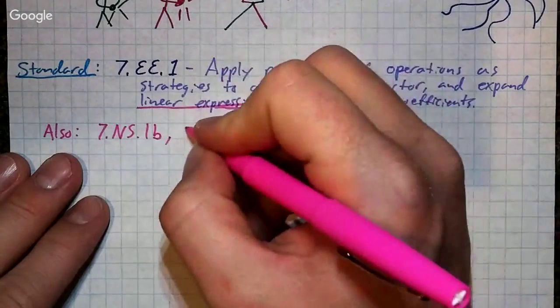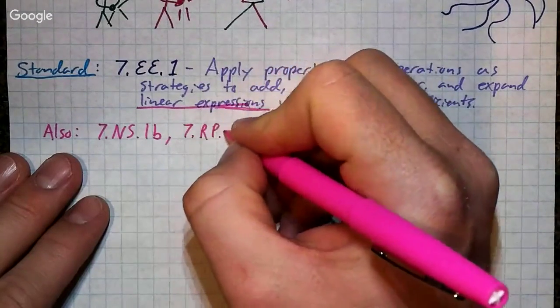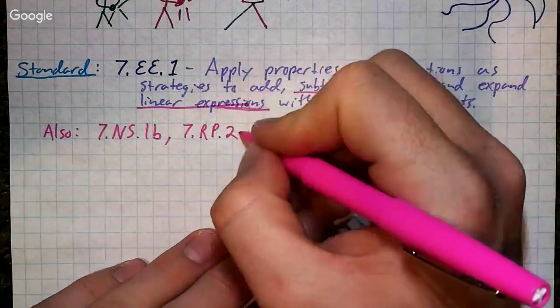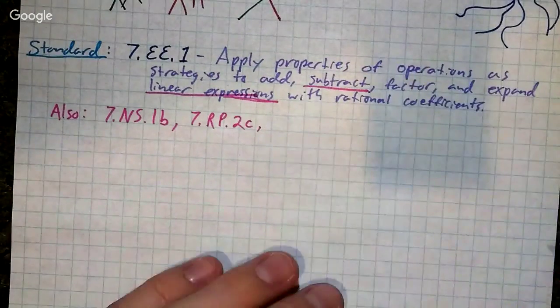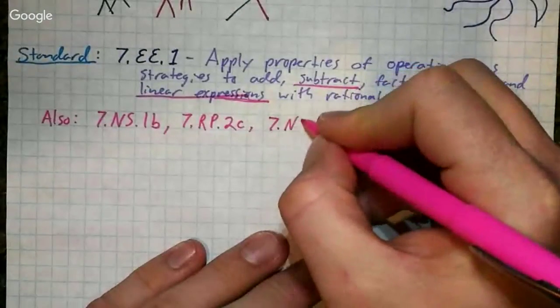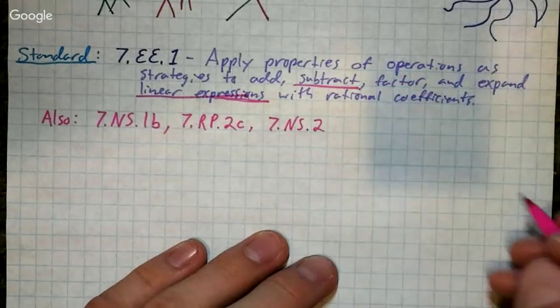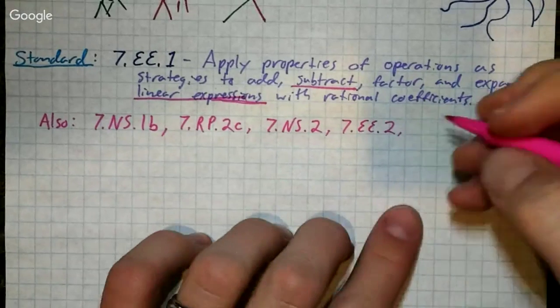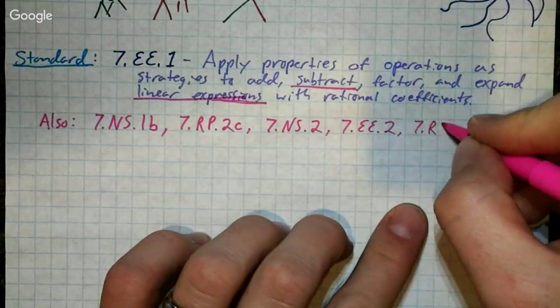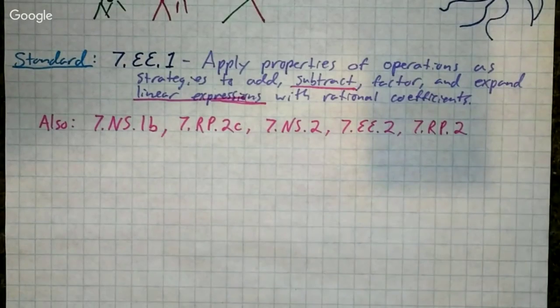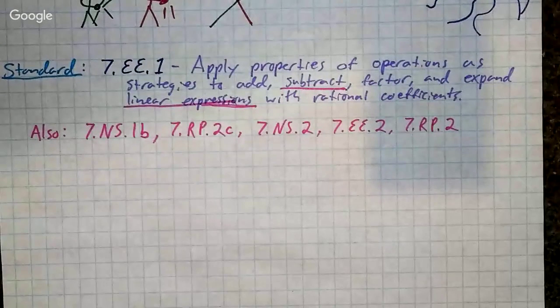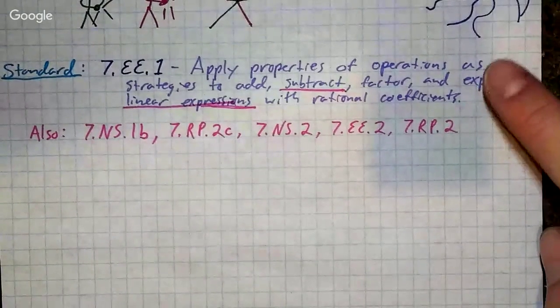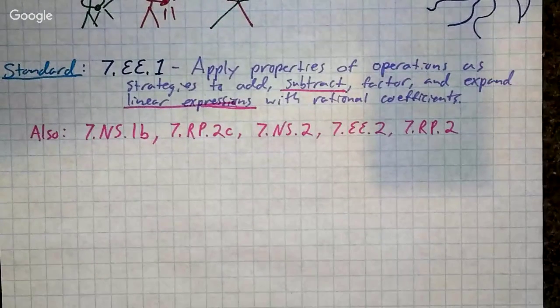We have 7.RP.2, 2C actually. We have 7.NS.2. We have 7.EE.2, and we have 7.RP.2. So there's a lot of standards that this lesson covers, or at least touches on, but our main one is going to be right up here, and we're going to be subtracting linear expressions.